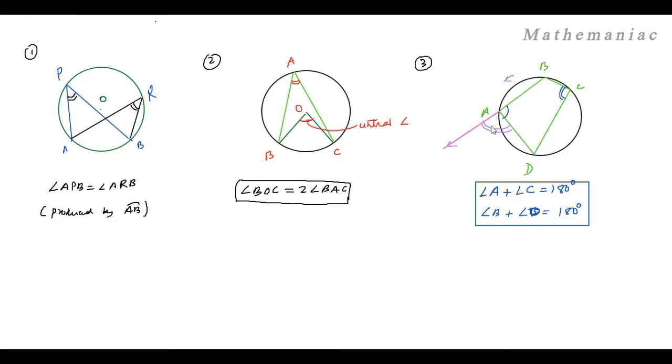This particular angle is equal to this angle. This is the exterior angle and it is the remote opposite angle or interior opposite angle. So these two angles will be equal.